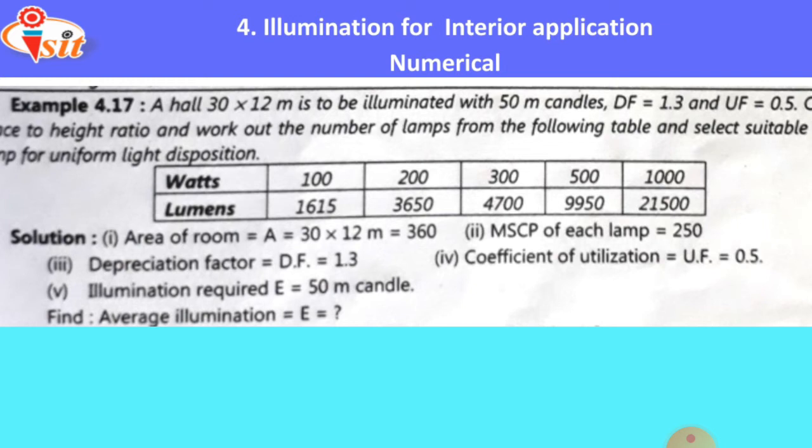And for this, once again I am going to repeat which value you have to take for the depreciation factor, and where we are going to take the depreciation factor. If the value is above 1, then we have to consider it as a depreciation factor in the numerator. If the value is below 1.0, then we have to consider it as a maintenance factor in the denominator.